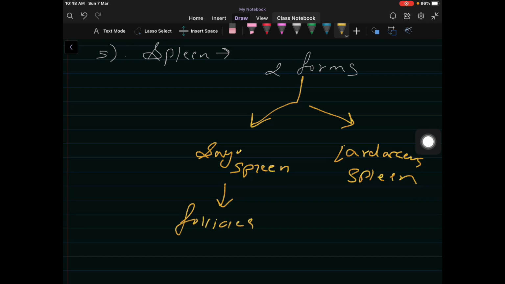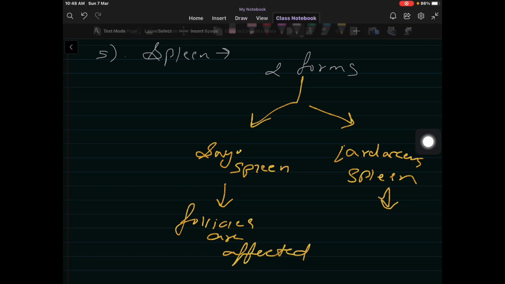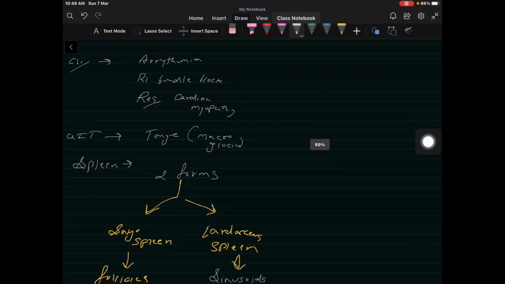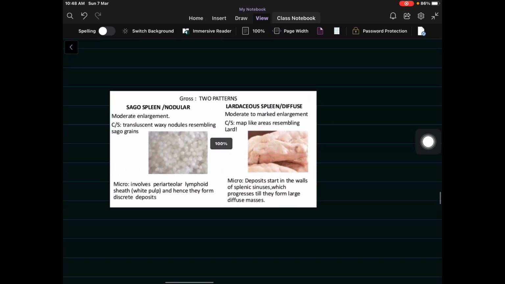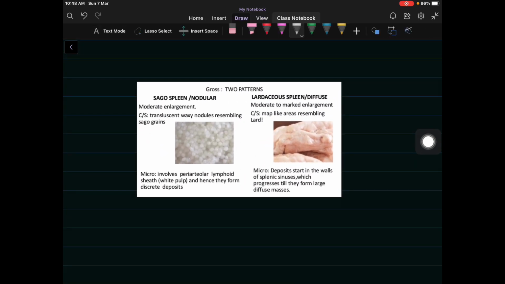Note that in the sago spleen, the follicles are affected, and in the lardaceous spleen, the sinusoids are affected. The pictorial representation of this is here: the two forms, the sago spleen and the lardaceous spleen.